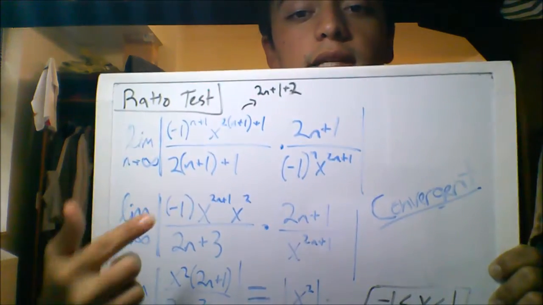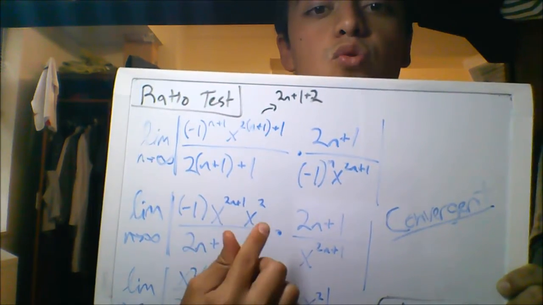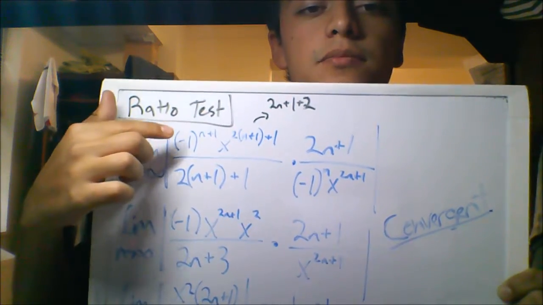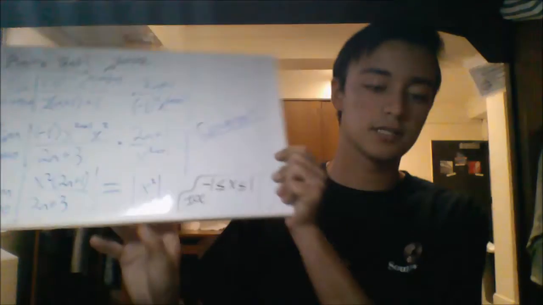So then when we go on to the next section, we can split up x as x to the power of 2n plus 1 and x squared. And then with that we can cross out the x's. So let me cross out some of these so we can see what's happening here. So in the first spot, that gets crossed out, that gets crossed out, and then the second part we cross this and this out.